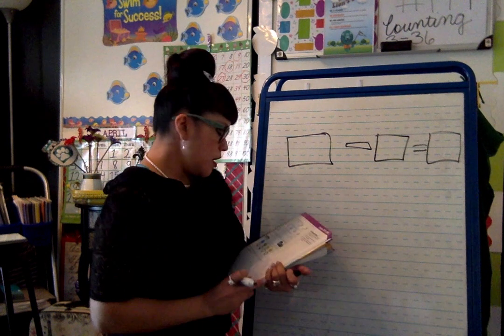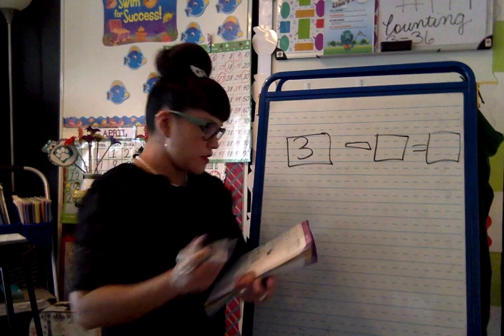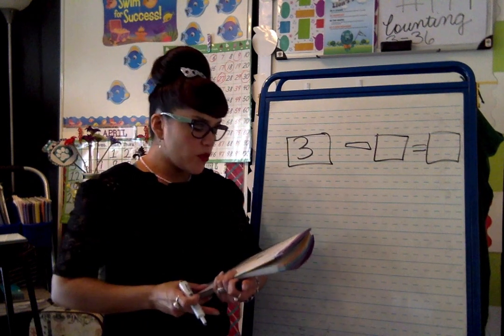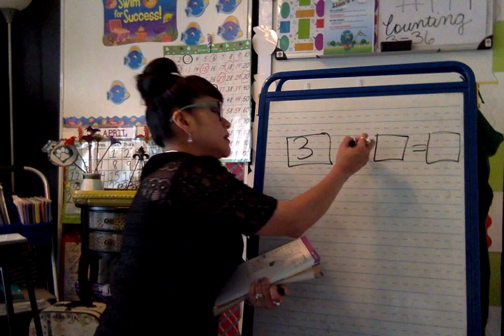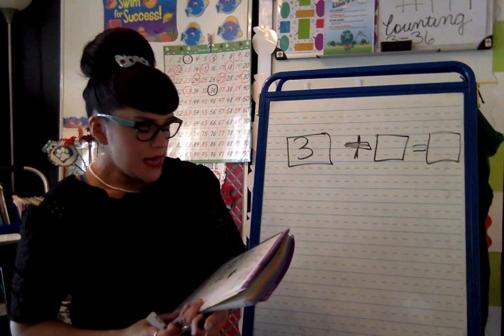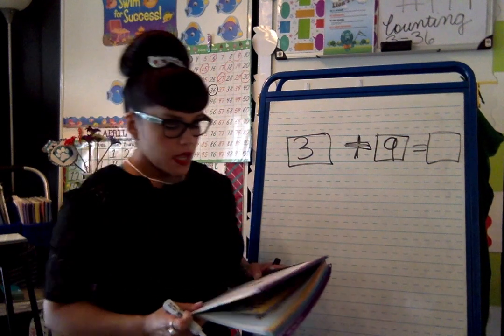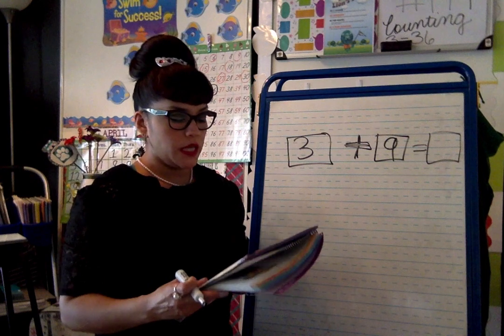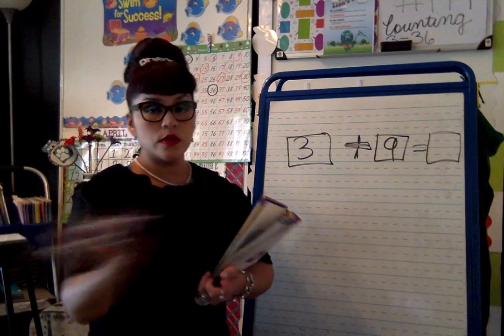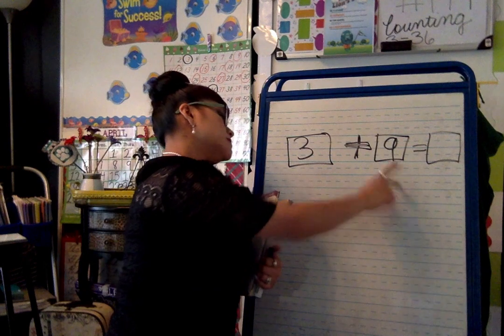Okay, so Tina read 3 pages of her book before school and, so that's going to be a plus sign, and 9 pages after school. How many pages did Tina read? Okay, so we're combining all of those. So what is 3 plus 9, class?